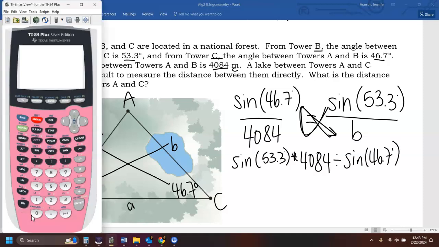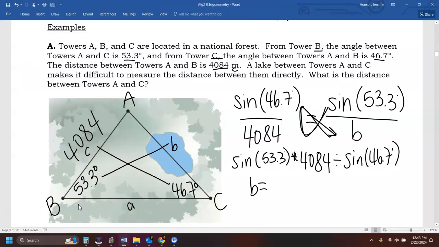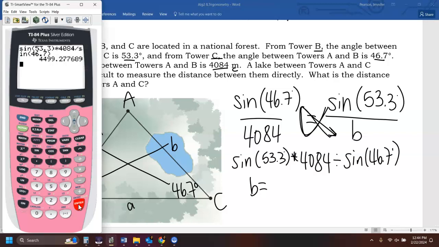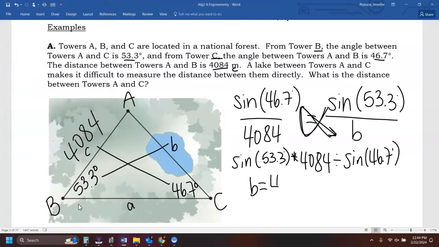I'm going to go to my handy dandy calculator here, and we will go with sine 53.3 degrees times 4,084 divided by the sine of 46.7. So make sure we're working our parentheses appropriately, right? Closing them after each of our angle measures. And that then tells me that the distance between them across the lake, which is side b, is equal to 4,499-ish meters.